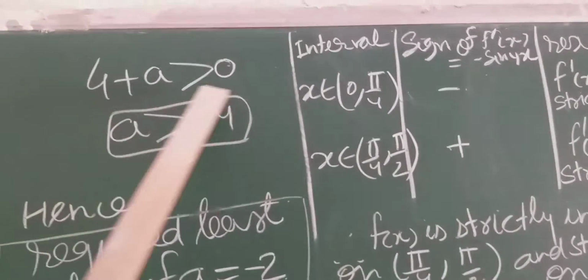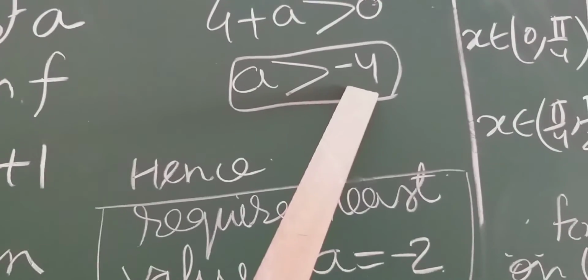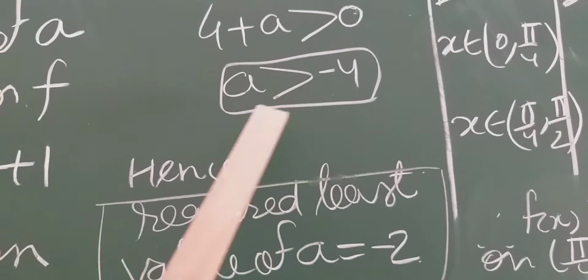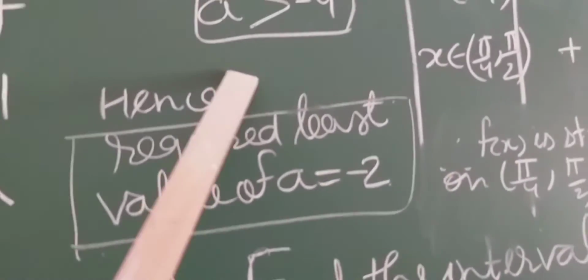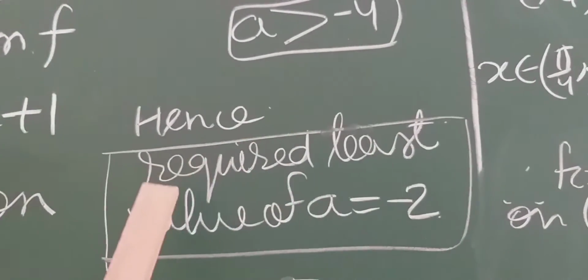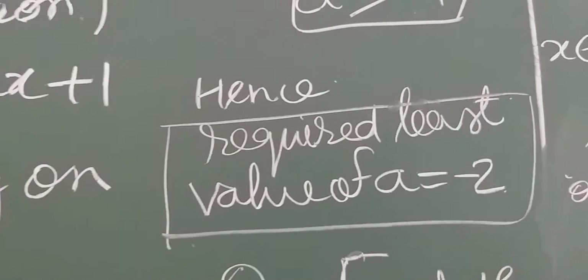So 4 plus a is also greater than 0. So a is greater than minus 4. Okay students, so a is greater than minus 2 and a is greater than minus 4. So we can say the required least value of a is minus 2.